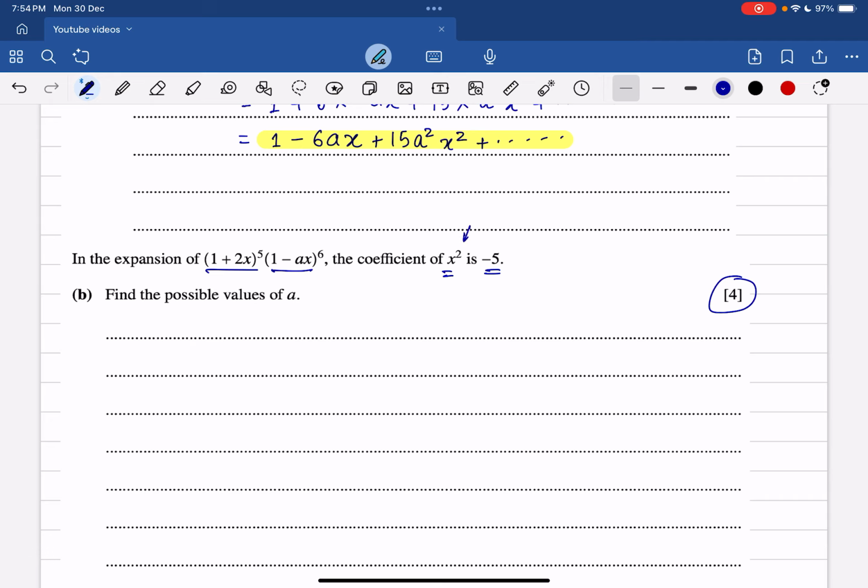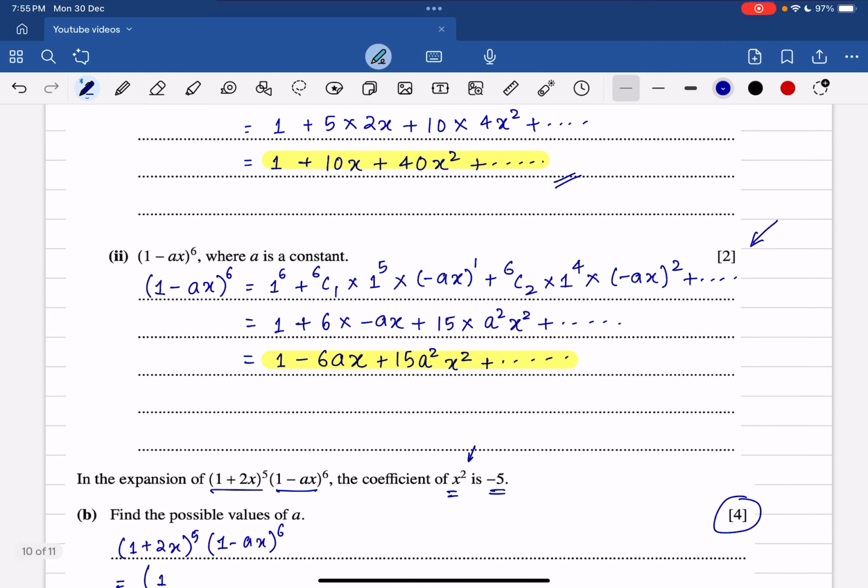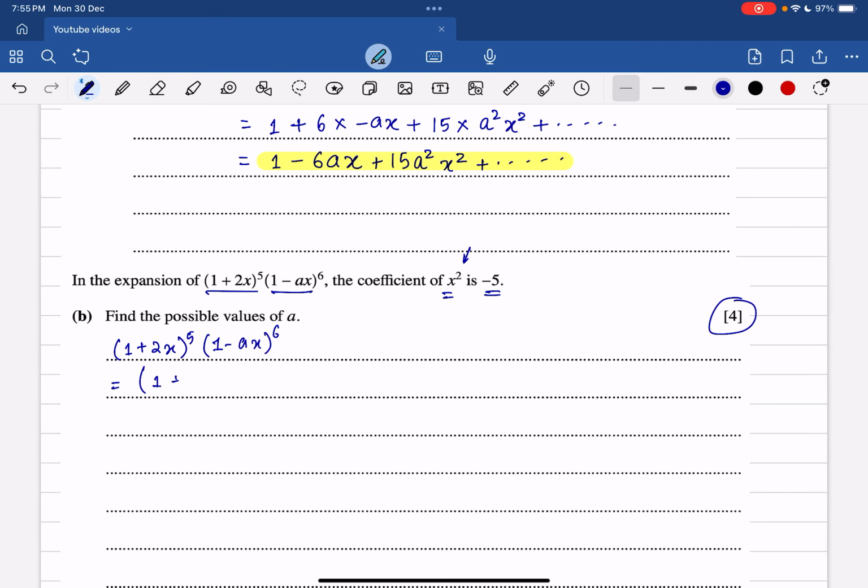So let us multiply. First, I'll write 1 plus 2x the whole raised to 5 times 1 minus ax the whole raised to 6 with their expansions, and my expansion is 1 plus 10x plus 40x squared.